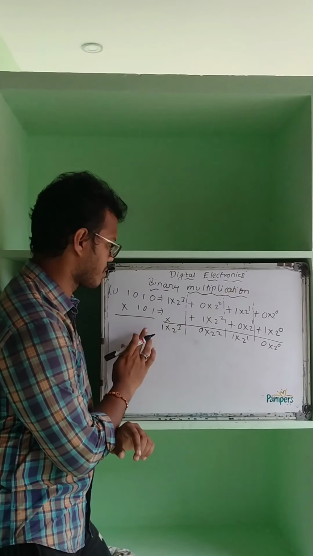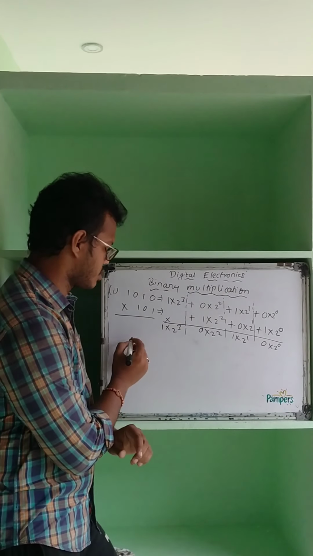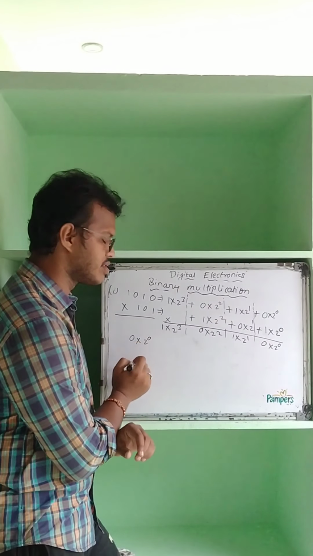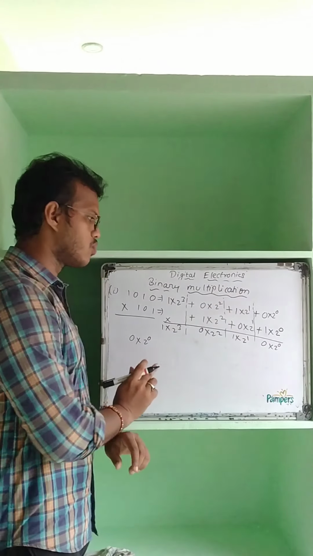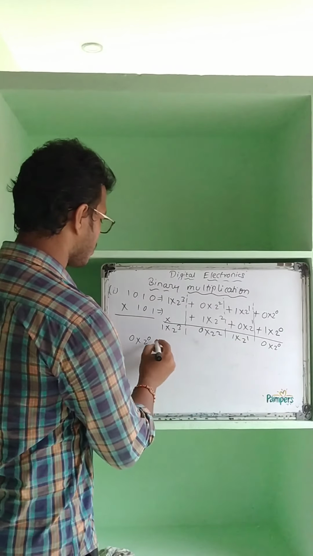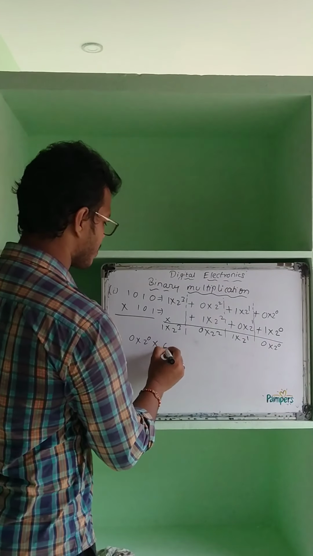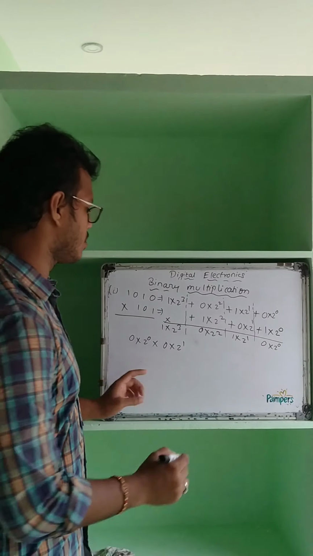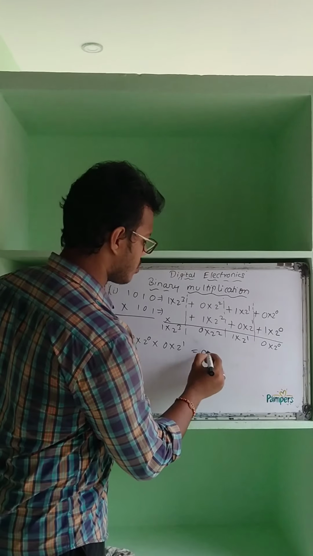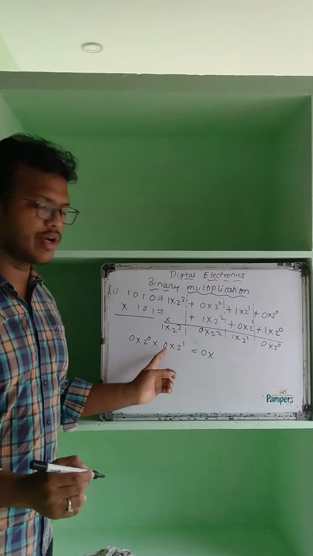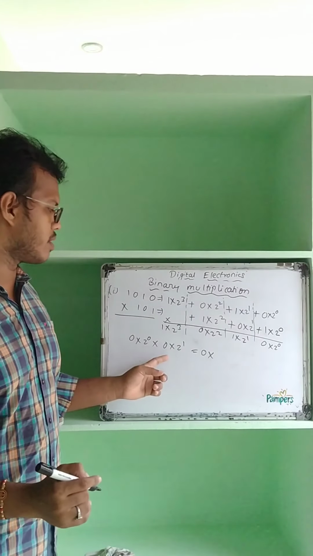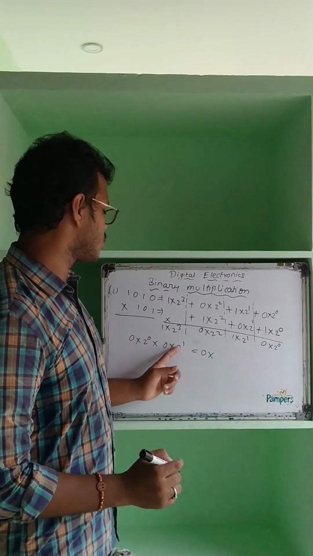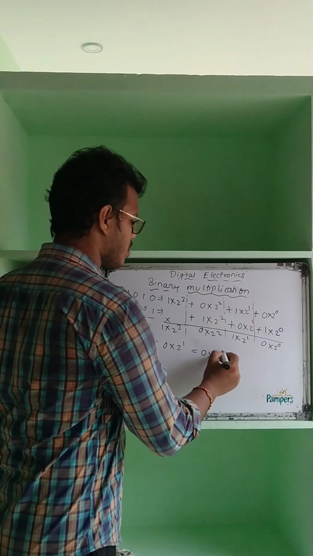Again the same thing: 0 into 2 power of 0 multiplied by 0 into 2 power of 1. 0 into 0 is 0, and 2 power of 0 into 2 power of 1 is 2 power 1.